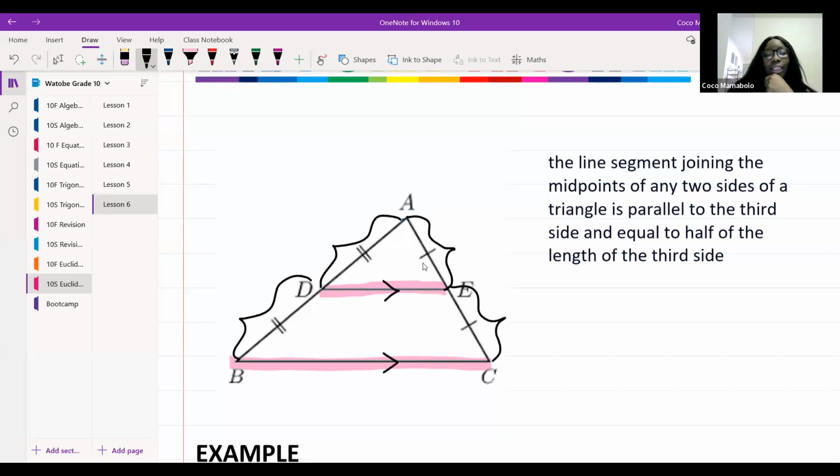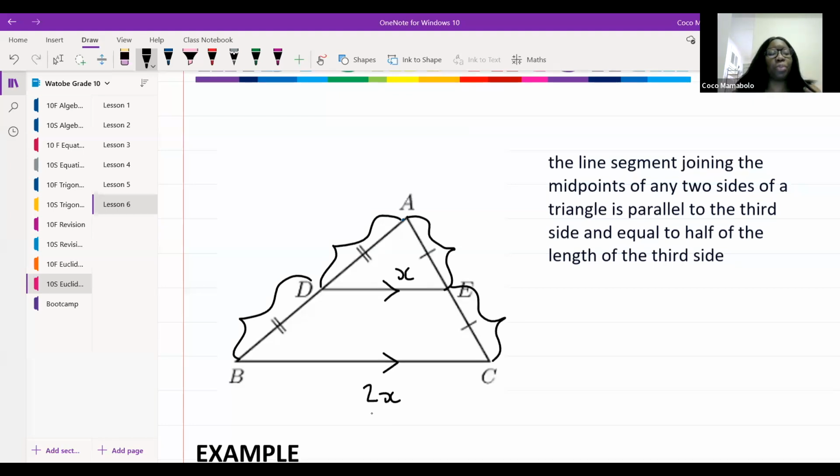And the lengths of these two sides also have a special relationship. They tell me that DE is half the size of BC. So if DE is X, then BC needs to be double of X. It needs to be 2X.